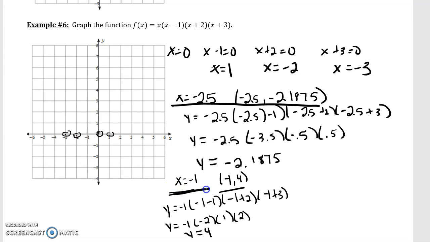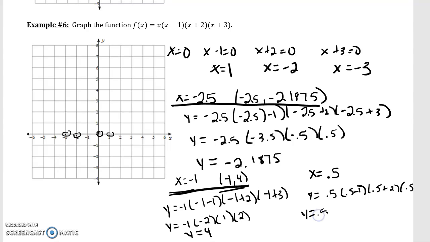x equals 0.5. y is equal to 0.5, 0.5 minus 1, 0.5 plus 2, and 0.5 plus 3.